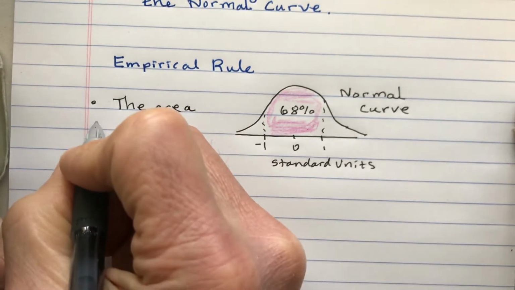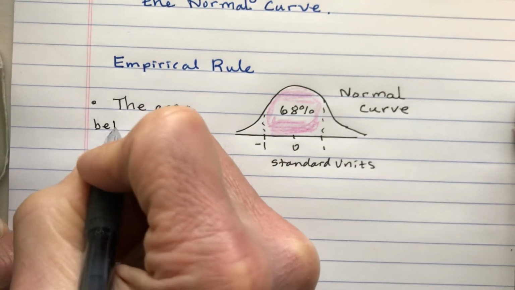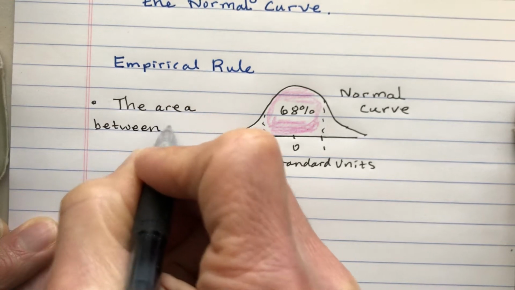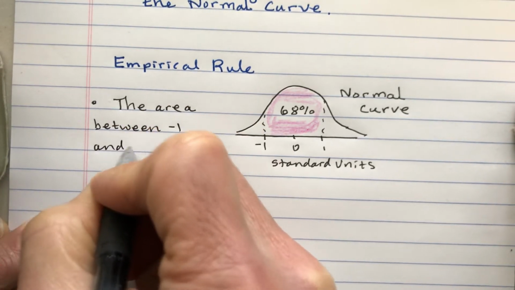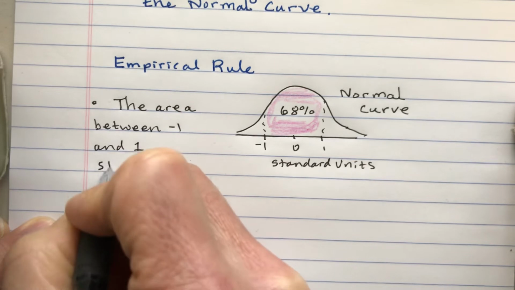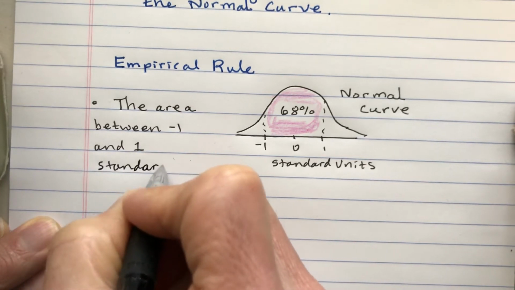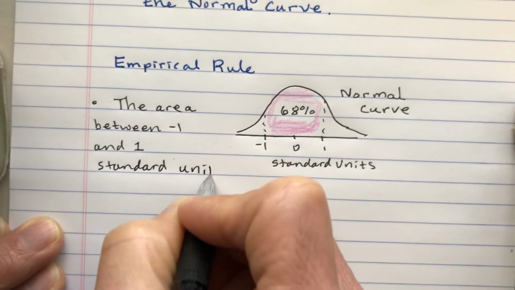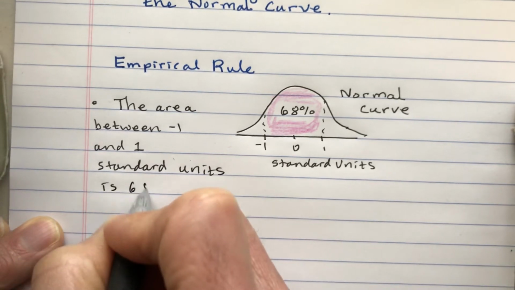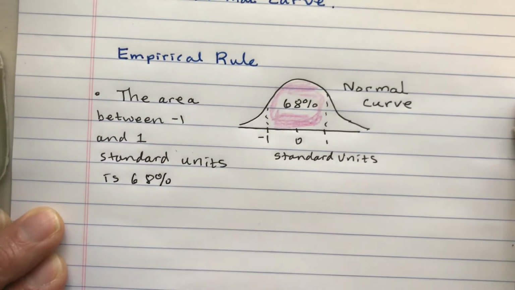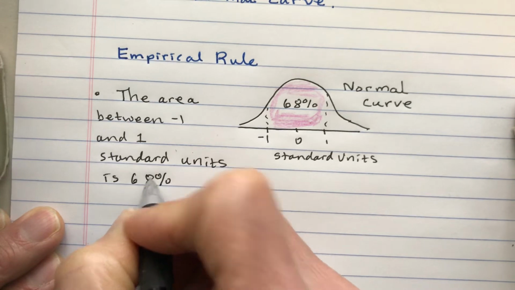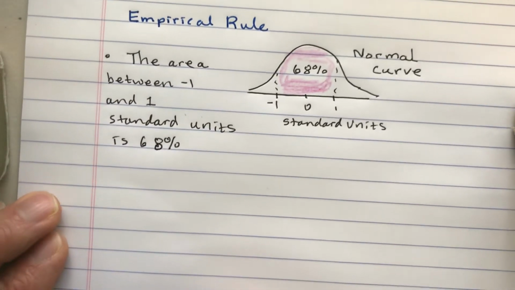The area between -1 and 1 standard units is 68%. And that's good if you can remember that. So that's 1 standard unit.